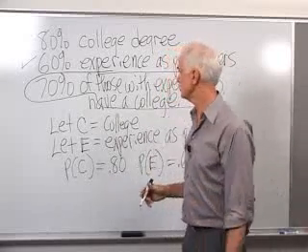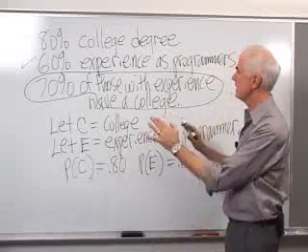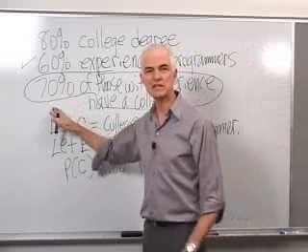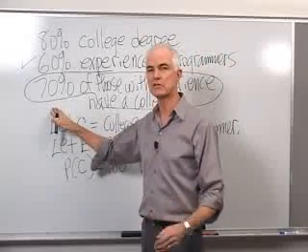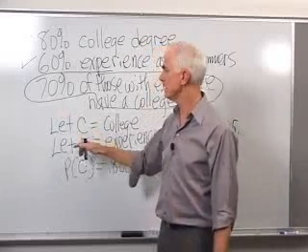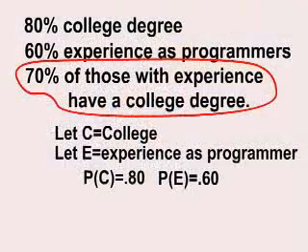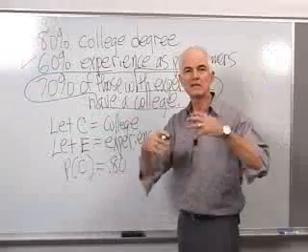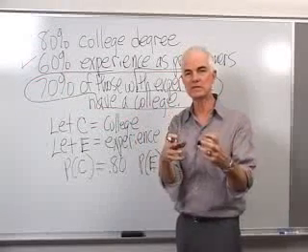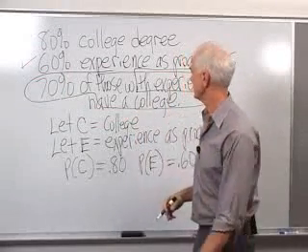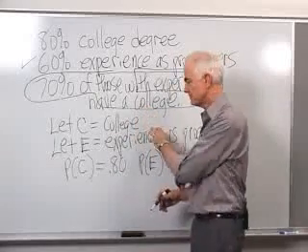In this particular case, what is our subset of the population? Is it 70% of all managers in the computer software industry or not? Well, no. It's actually 70% of those who have experience. In other words, given that you have experience, there's a 70% chance that you have a college degree.